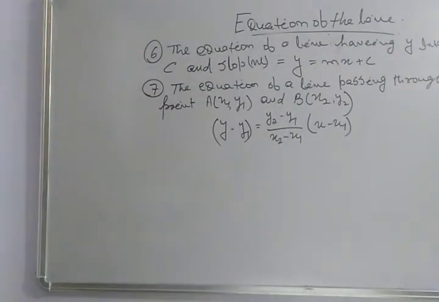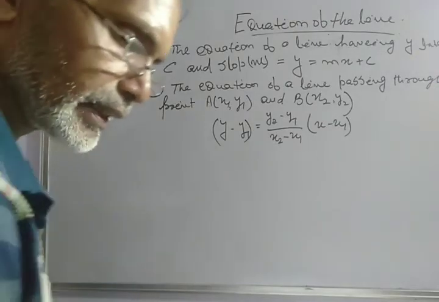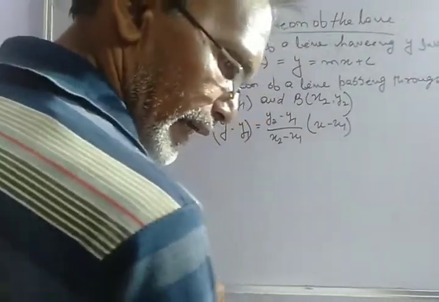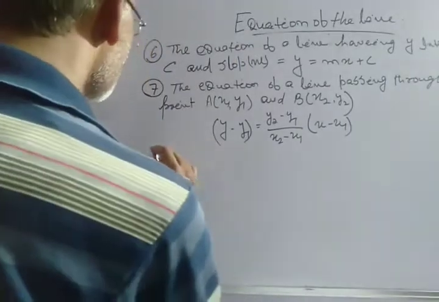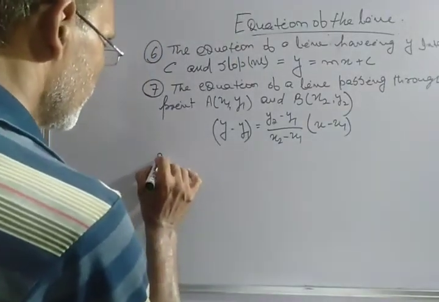Next one is the equation of a line which has an x-intercept. Number 8.